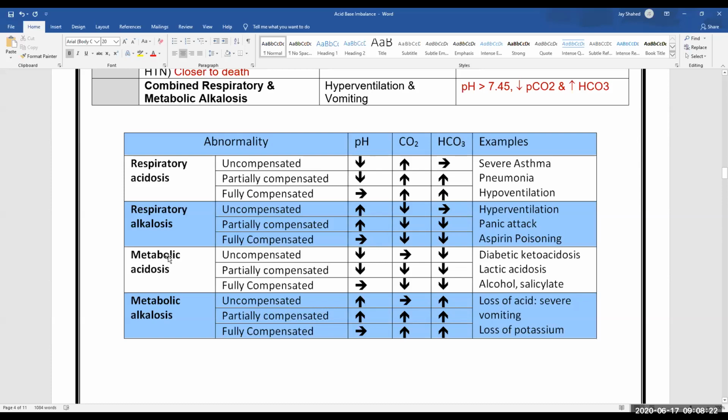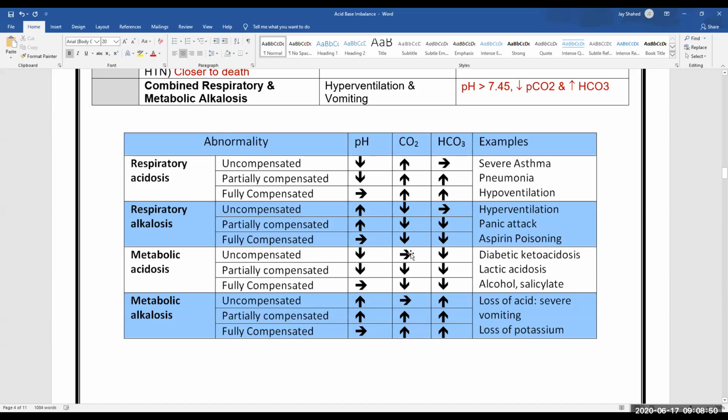How about metabolic? So compensated and uncompensated. If it's uncompensated, what did we say? The pH is down, metabolic. Now, if it's metabolic, we're going to look at the HCO3. So HCO3 is down. What's happening in CO2? Is it changing at all? It just stays within normal.